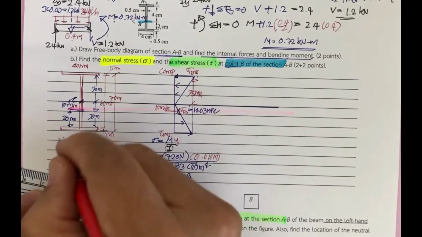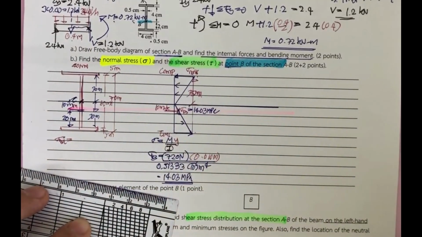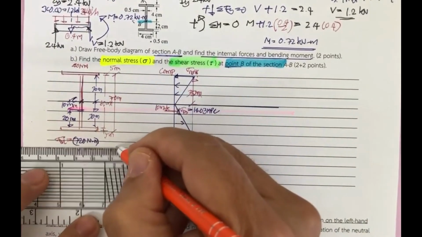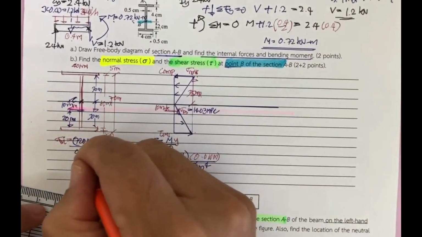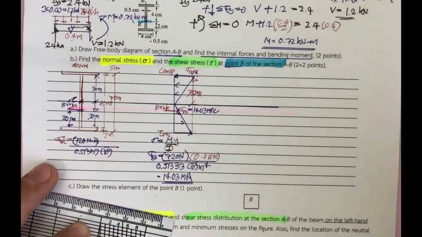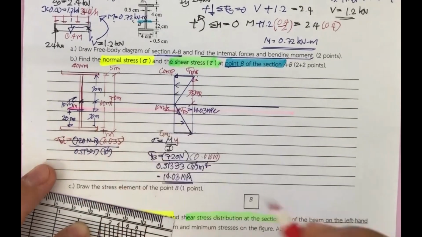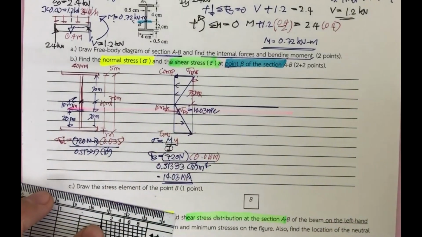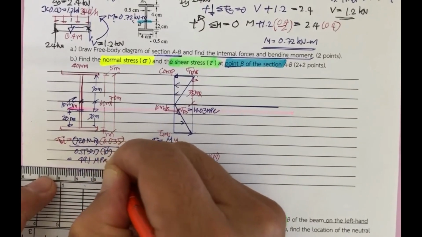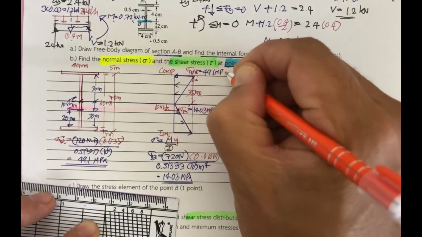Sigma max is the same thing, 720 Newton meter, and the I is still 0.51333 times 10 to the minus 6, and the distance is 35 millimeter, so 0.035 meter. If you put this in, you get 49.1 megapascal.